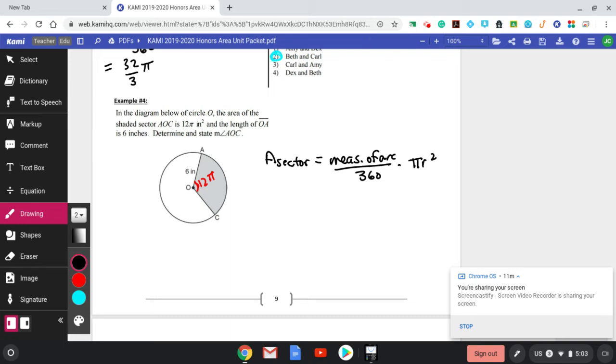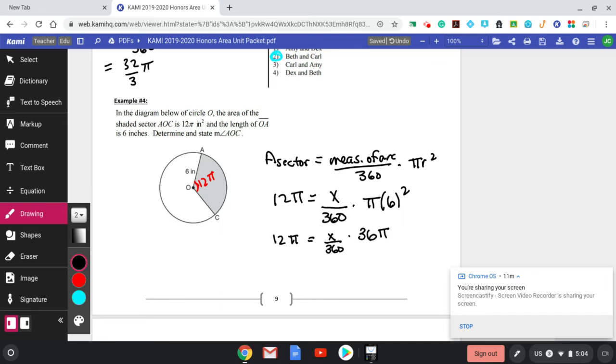The area of the sector is 12 pi. Plug it in. The measure of the arc, which is angle AOC, I don't know, so I'm going to plug an x there, over 360 times pi times the radius of 6 squared. Okay, let's keep cleaning this up. 12 pi equals x over 360 times 36 pi.